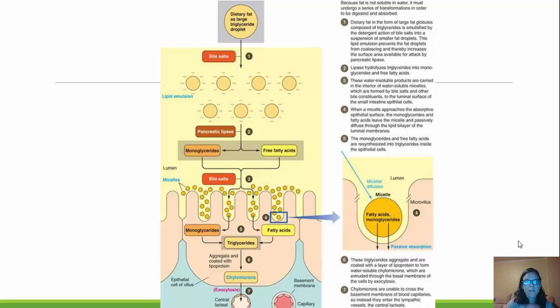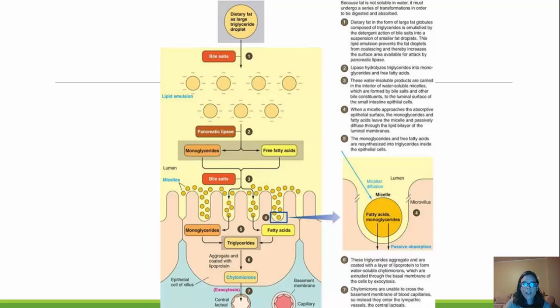Okay, so here's an overview that I'll go through quickly. Dietary fat is emulsified into smaller droplets to increase their surface area for degradation by pancreatic lipase. The lipase then hydrolyzes triglycerides into monoglycerides and free fatty acids.